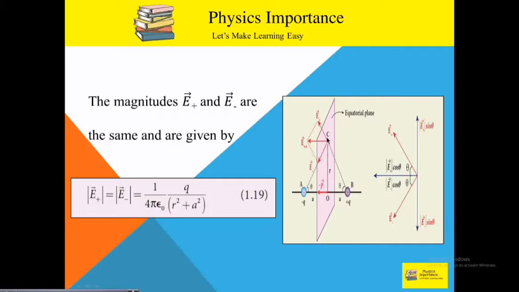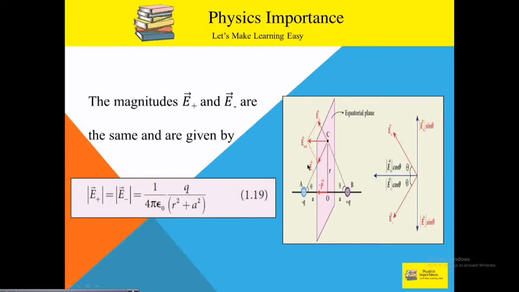So distance square means AC square or BC square. So E plus means we have to consider the distance BC square. E minus means AC square. So here we can write E plus equal to E minus. Why are we writing E plus equal to E minus? Because both are at equal distance, isn't it?